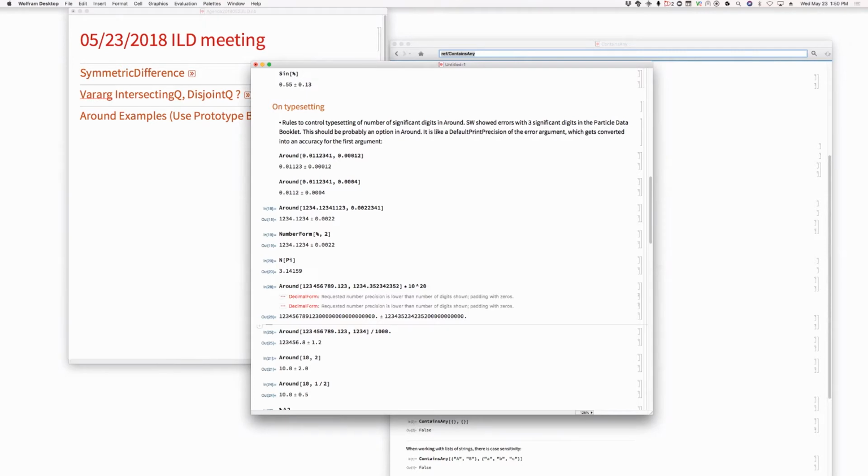Well, your claim is that potentially, if there are more than 2 digits to the left of the decimal point in the error, it should switch to scientific notation. Yeah, exactly. Maybe you're right. I mean, but times 10 to the 2 will look really weird.